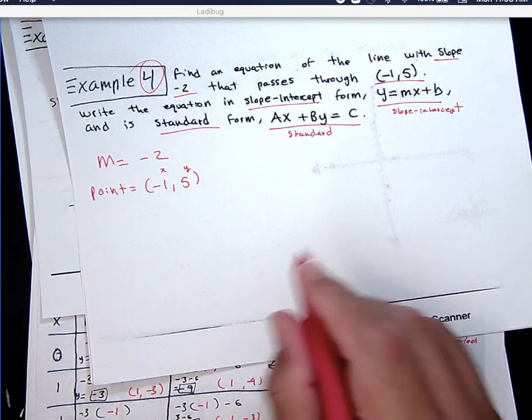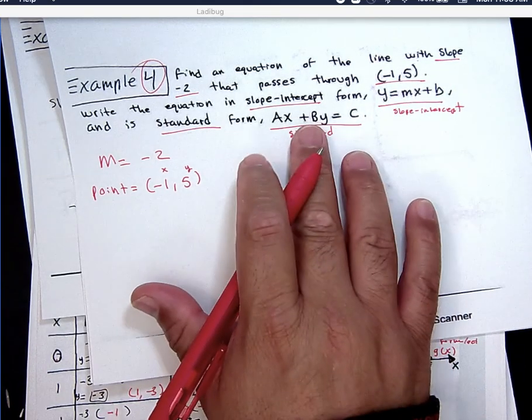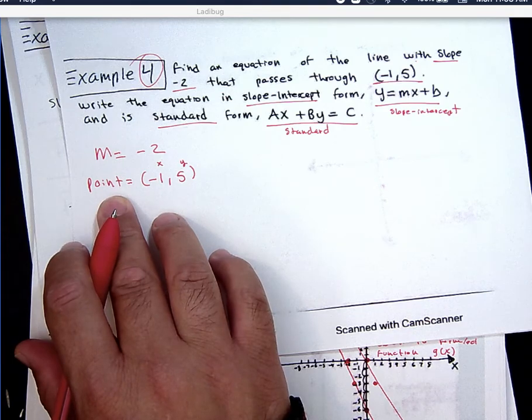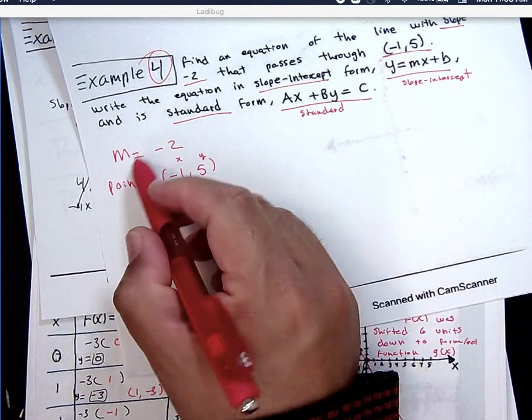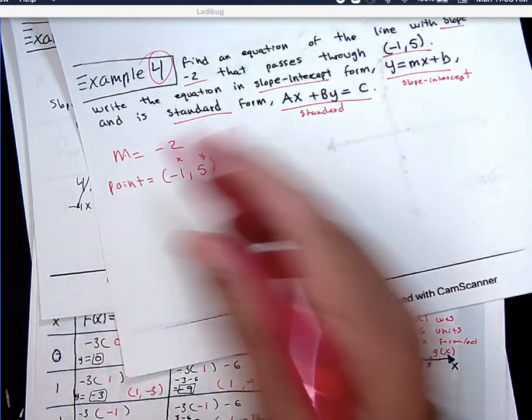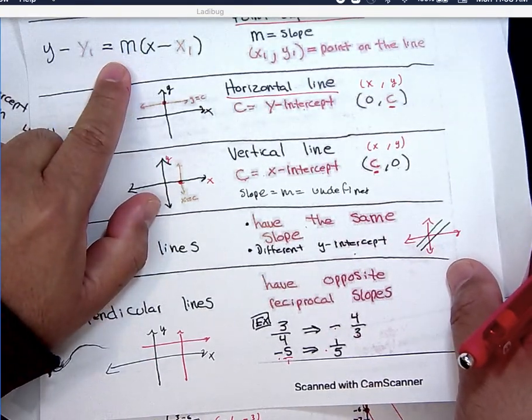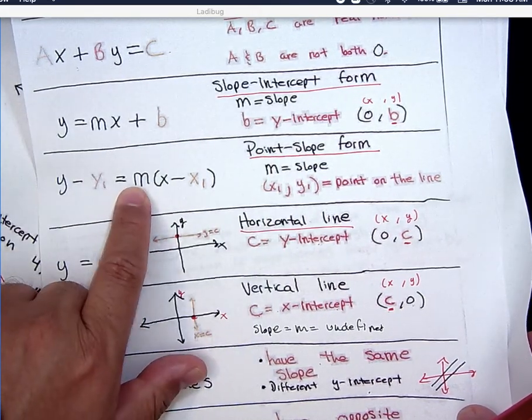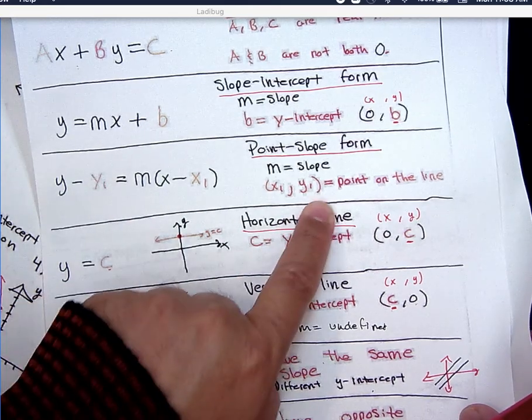Okay, so before we can get here, we need to use point slope because they're giving us a slope and a point. So remember, we're using point slope. It's when you use this one when they give you a slope, the m, and a point on the line.